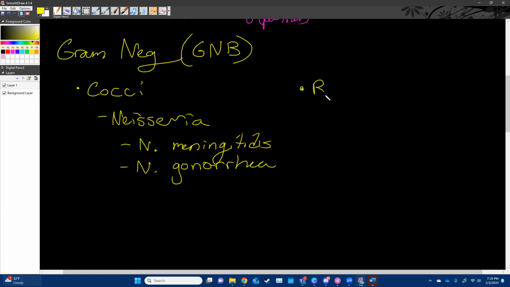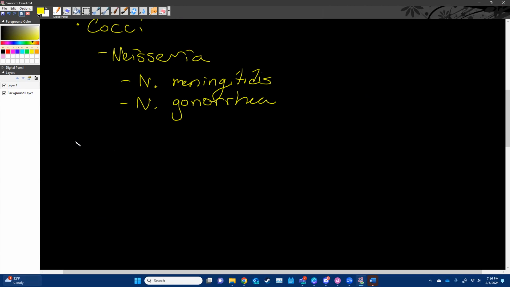For our rods, we have a few different broad categories. So I'm going to move down a little bit. The first class we have are the enterobacteria.